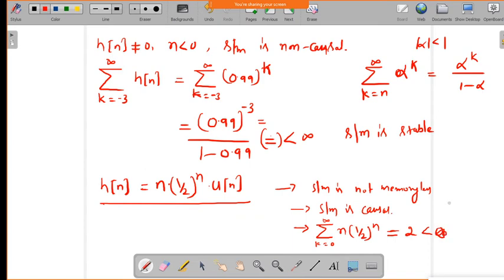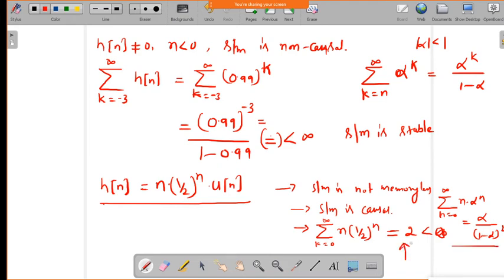Just use the equation: the sum from n equal to 0 to infinity of n into alpha^n is nothing but alpha by (1 minus alpha) whole square. Okay. So, if you use this equation, you will get this value.